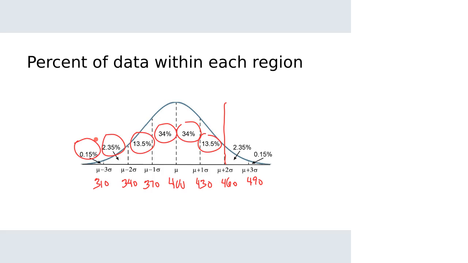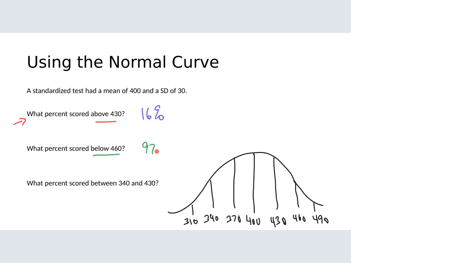So I'm going to add up all of those together. 0.15 plus 2.35 plus 13.5 plus 34 plus 34 plus 13.5, and I get 97.5. So what percent scored below 460? 97.5%.